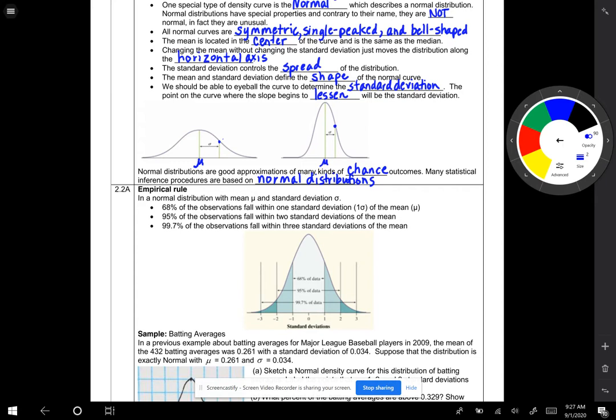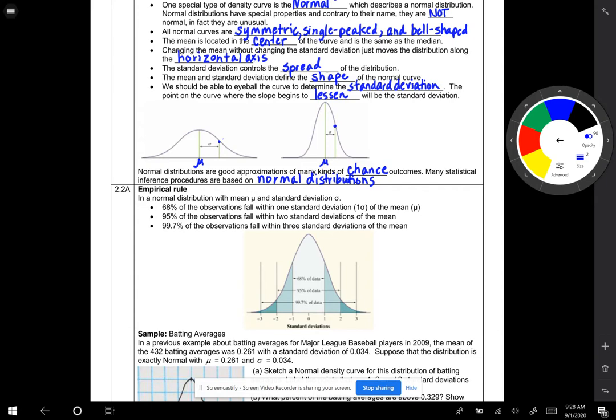And third, even though many sets of data follow a normal distribution, many do not. Examples: most income distributions are skewed to the right and are not normal. Some distributions are symmetric, but not normal or even close to normal.